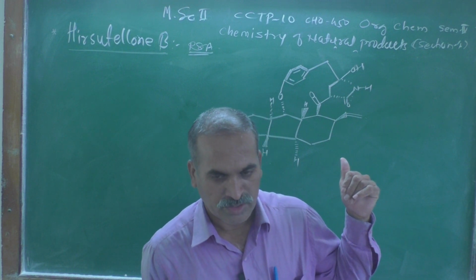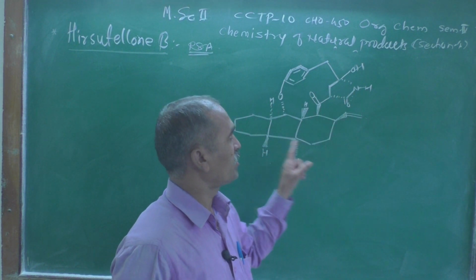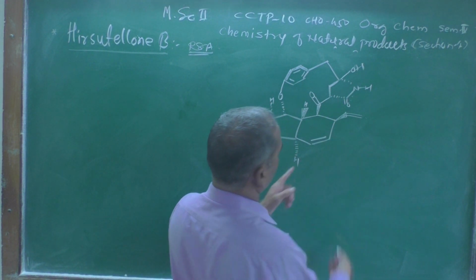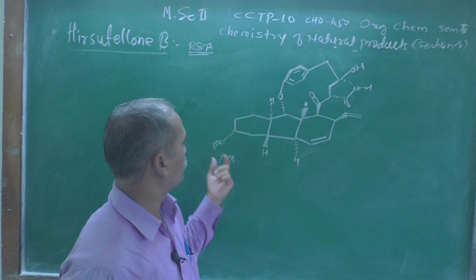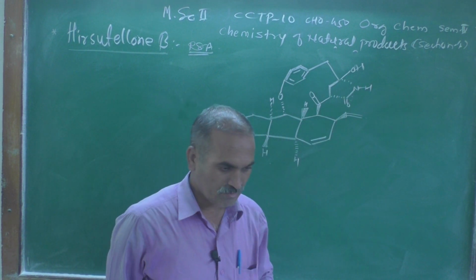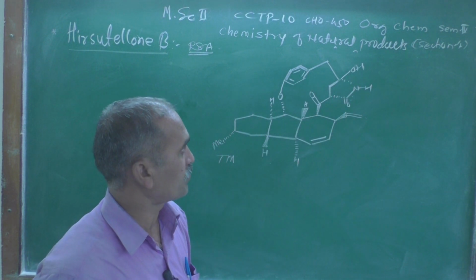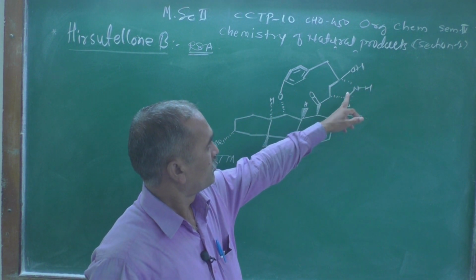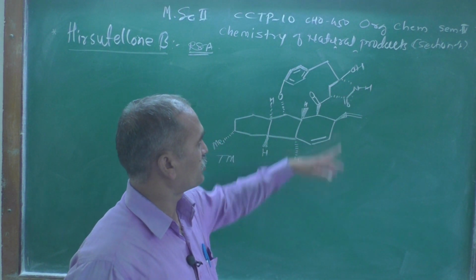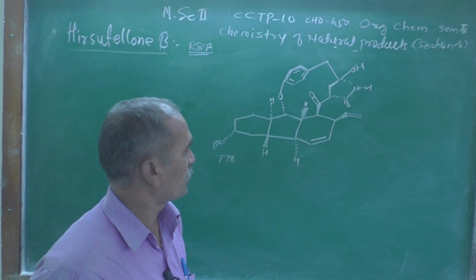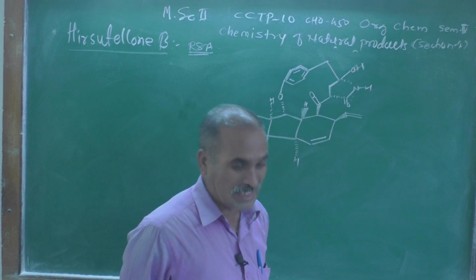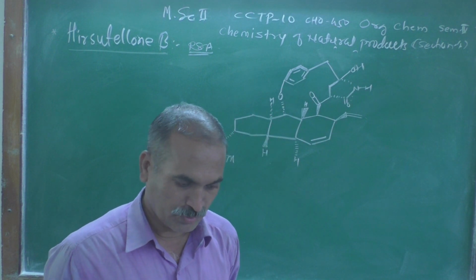There are different functional groups. Look here, there is a double bond, and here also a double bond. Here is a carbonyl group. This is a lactam, a gamma lactam is present. This is one of the moieties. Hydroxyl groups are present, and an aryl ether is also present.